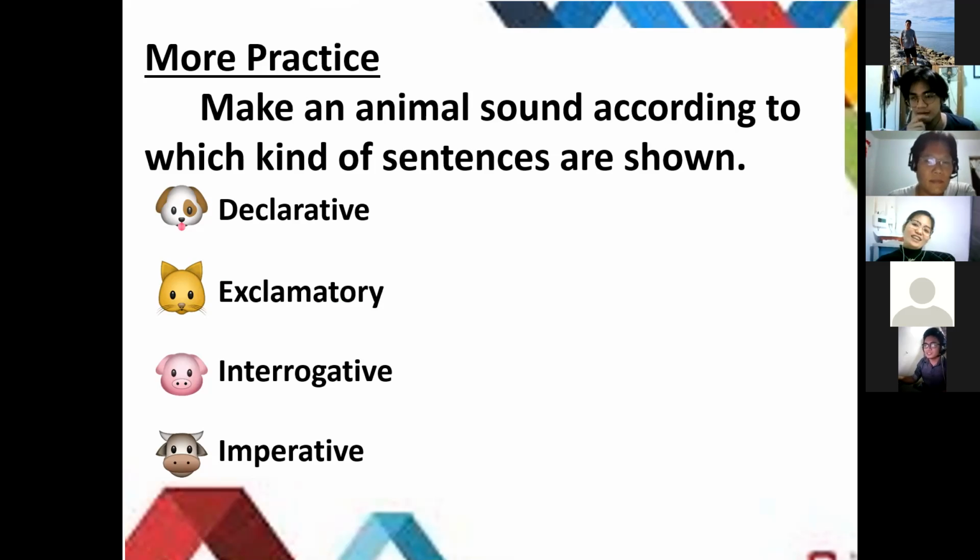Interrogative sentences are sentences which are in question form, or ask a question. And then imperative sentences are sentences that make a command or a request.